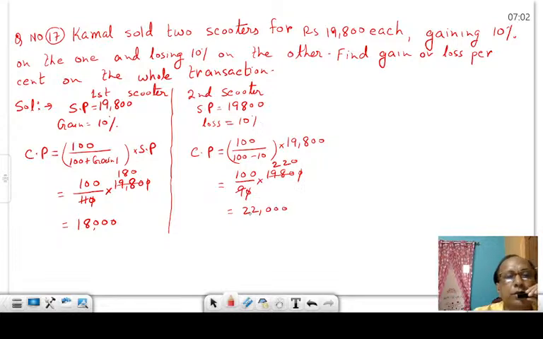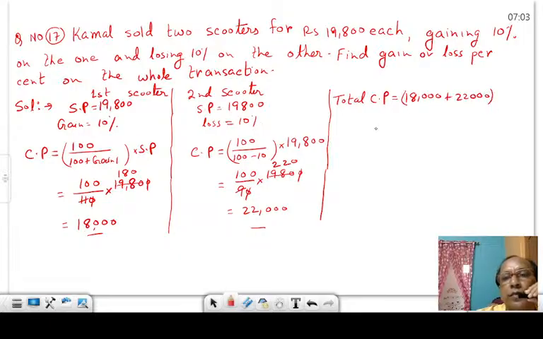Therefore, the total cost price is equal to this one plus this one, right? Rupees 18,000 plus 22,000. Then we are getting the total cost price as rupees 40,000.